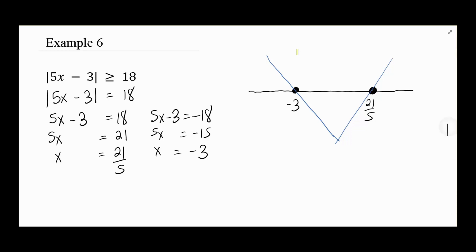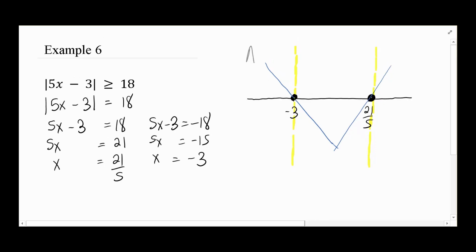Then we want to say, all right, what's happening on the left? On the left, the V is, let me go ahead and use a different color real quick. On the left, the V is above the line. In the middle, between my 2 numbers, the V is below the line.